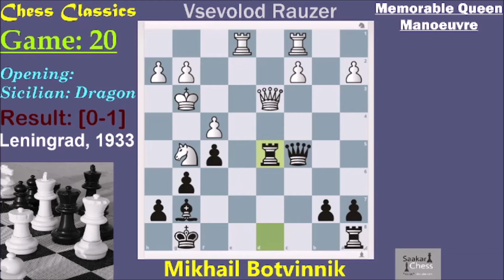So rook takes d5 and queen b3, it pins the rook. That was better for white.